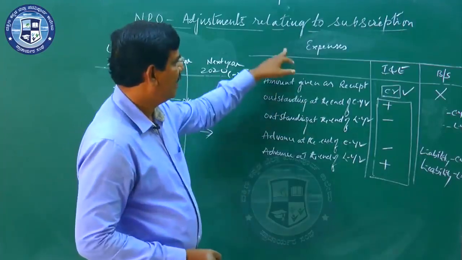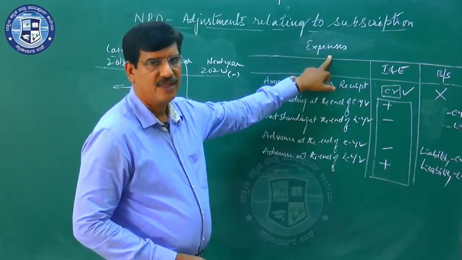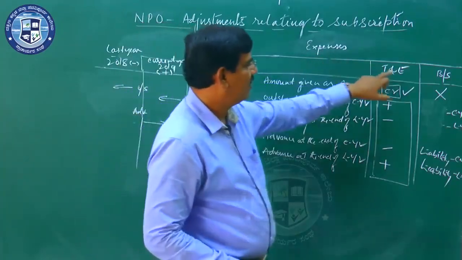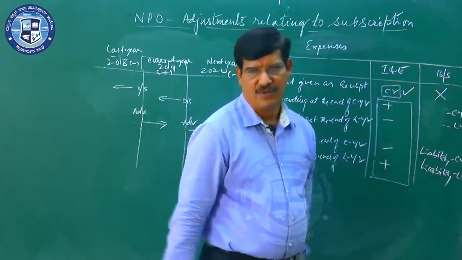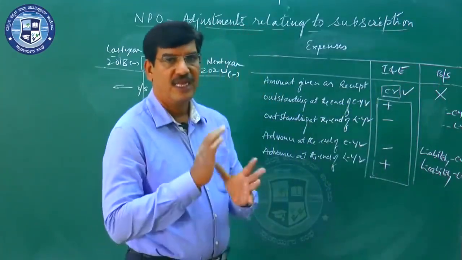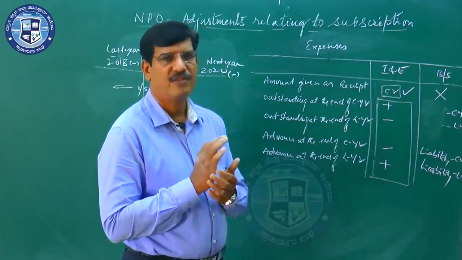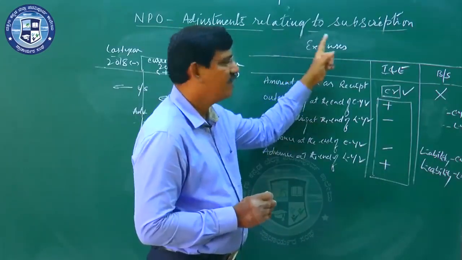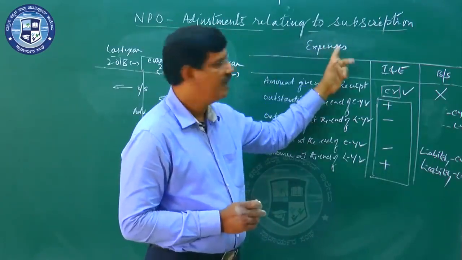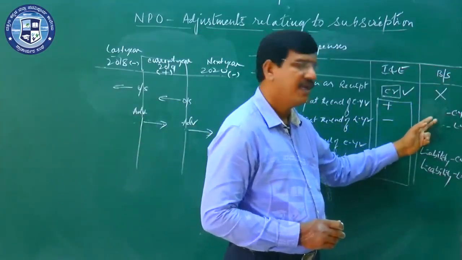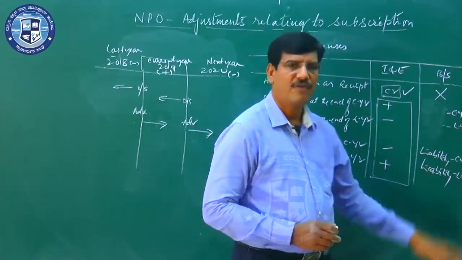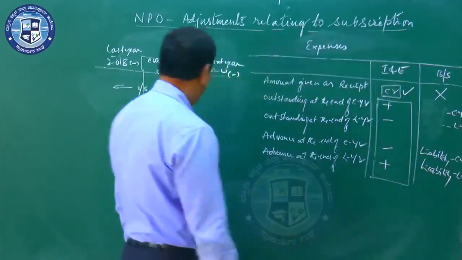So instead of income I have written expenses, but there won't be any changes in income and expenditure account. There will be changes in the balance sheet only because the nature of item will change. See, instead of income you have written expenses. In the same way, in the balance sheet, instead of asset you may have to write liability, instead of liability you may have to write asset. Let's see how the effect is made.